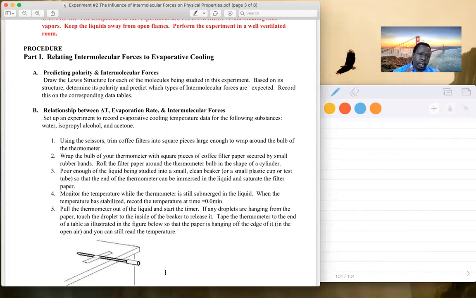An unequal sharing leads to polarity. Equal sharing makes the molecule non-polar. Now, you will look at the relationship between the change in temperature. This change in temperature is between the initial temperature and the final temperature once the evaporation is complete.